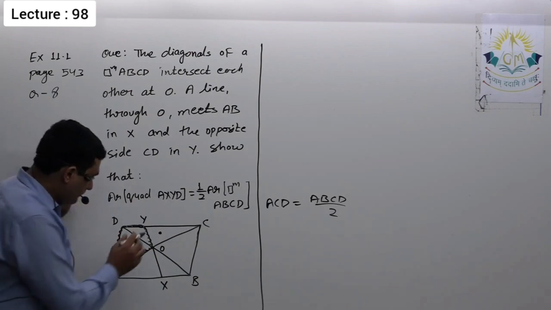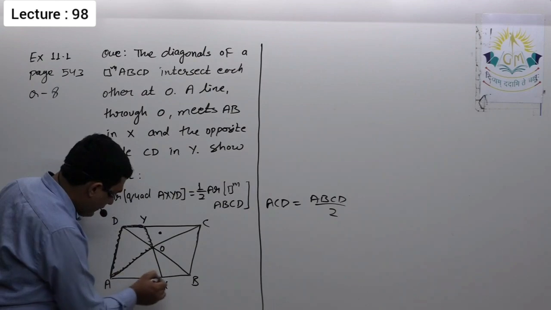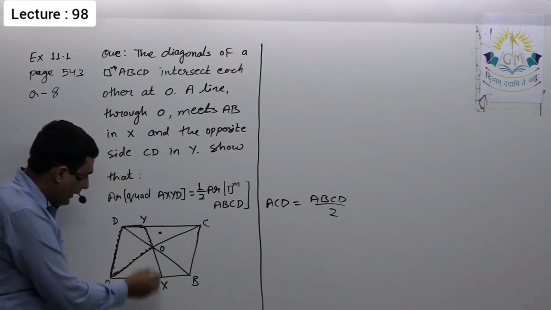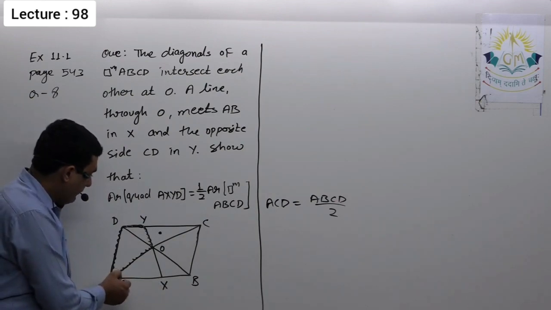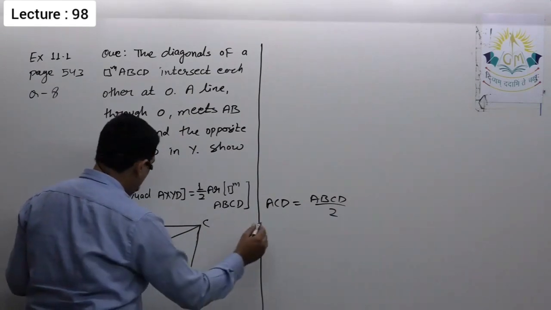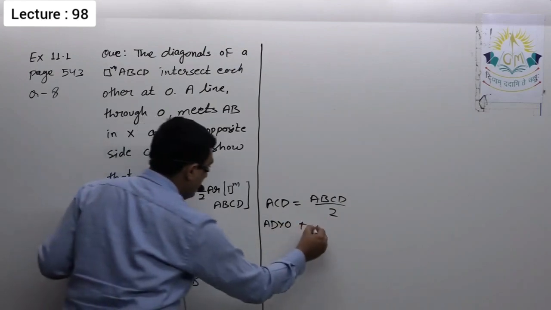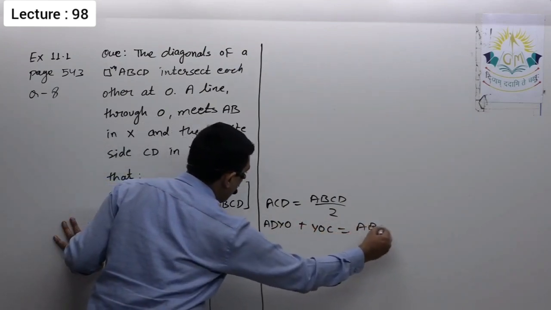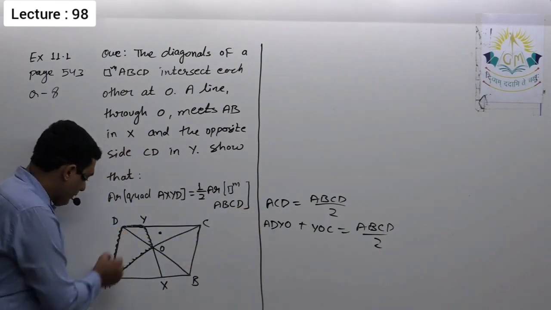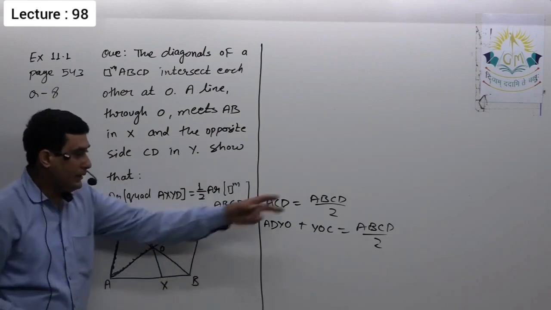Now if in place of CYO I replace this with AXO, then this quadrilateral plus AXO is equal to AXYD. So in place of ACD, first I write ADYO plus YOC is equal to definitely ABCD by 2.